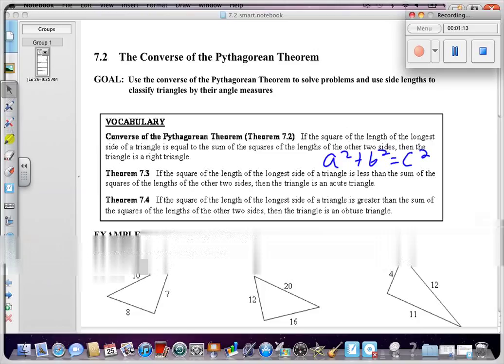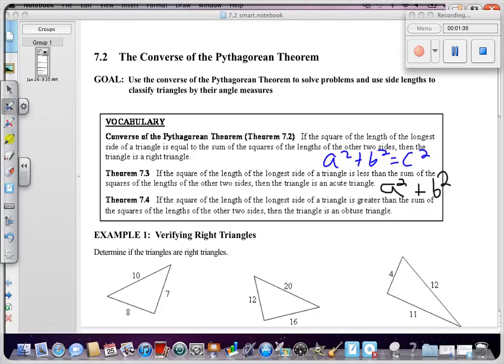If a squared plus b squared, so the sum of the other two sides, is greater than c squared, it is acute. So this means it's right.